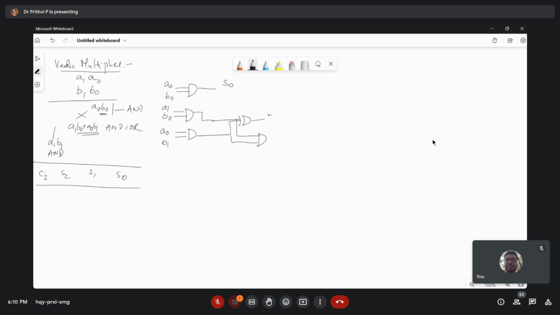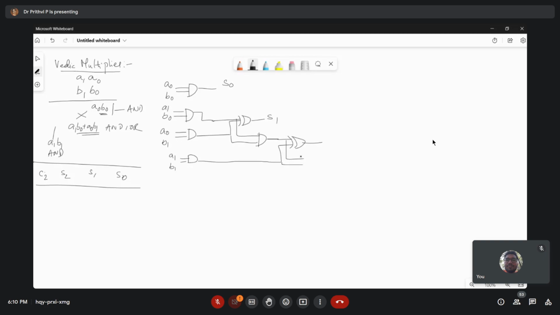Now this becomes S1. This is your S1. Okay. Now this next one, next stage I am taking. This is A1, B1. Okay. This will be going to one more XOR operation and one AND operation.